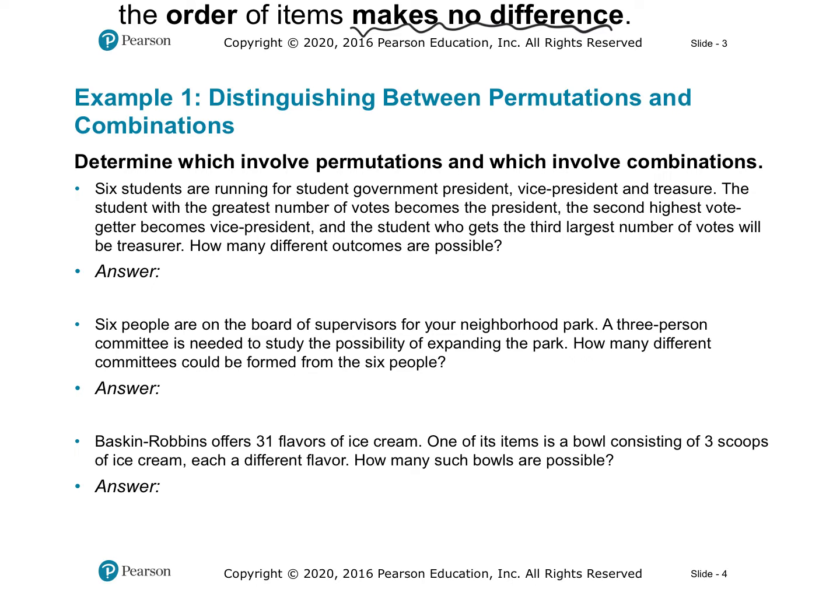How many different outcomes are possible? The order does matter, because it's going from highest votes to least votes, and the number of votes determines the office. So it does matter, so it's going to be permutations.